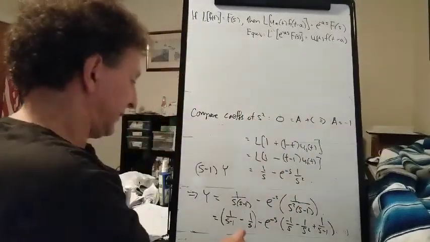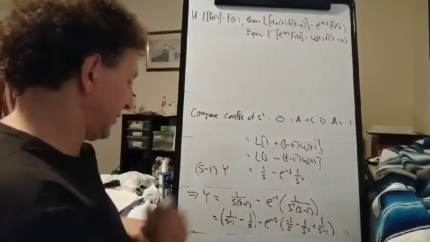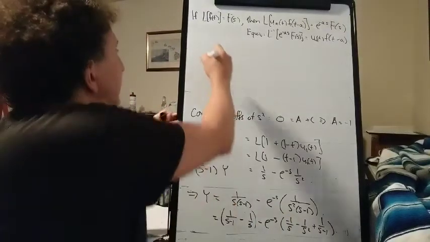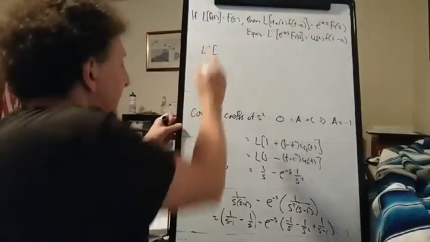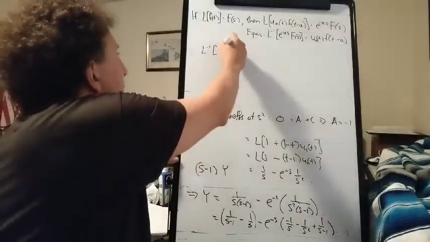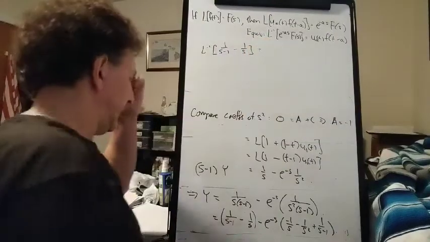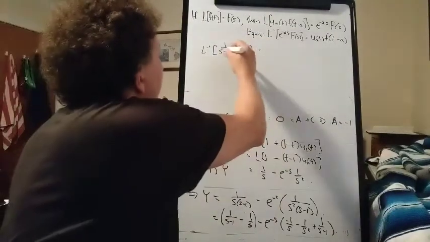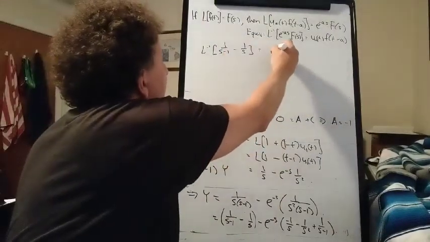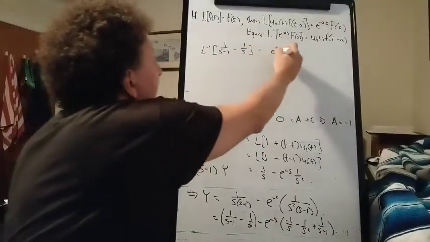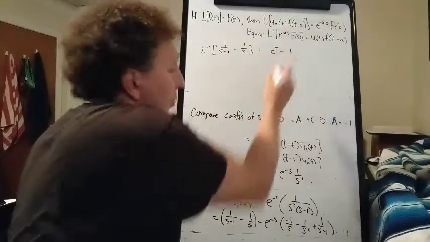We'll take the inverse Laplace transforms of these two expressions without the exponential. So the inverse Laplace transform of 1 over (s minus 1) minus 1 over s equals, this is an exponential, e to the t, and this is minus 1.